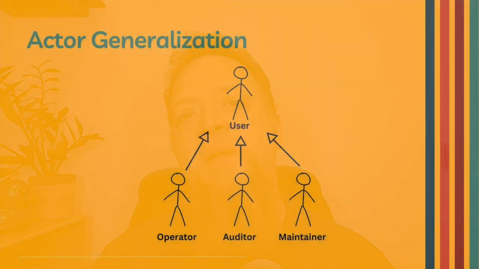You might have some use cases that deal with generic sensors, and other use cases that deal with specific ones, but you can relate those to each other. And you can do the same thing with some of the human actors, if your roles have that kind of generalization, with something more general on top and something specific coming from it.